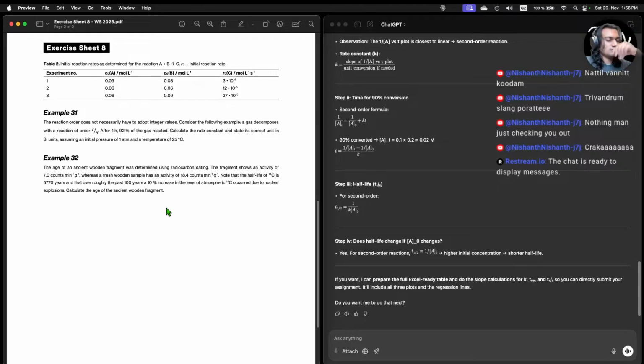Okay. Oh, wait. They gave me a formula sheet. Wait. We got some formula sheets going on. Oh, come on. So, zeroth order rate law, unit of k, integrated rate laws, linearized rate laws, half-life.